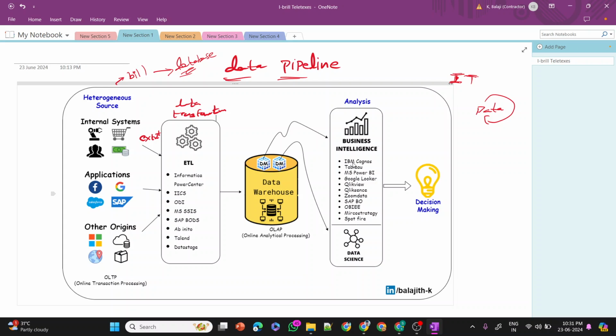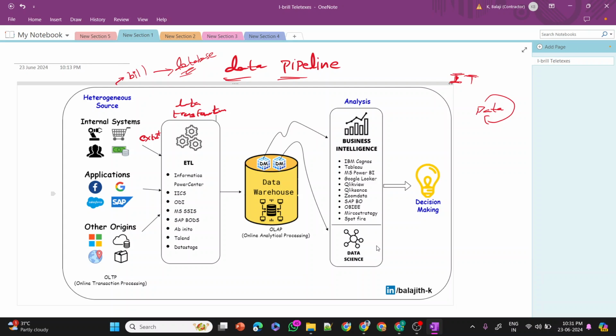To create charts we use Power BI and Tableau. These business intelligence tools are useful for creating charts.